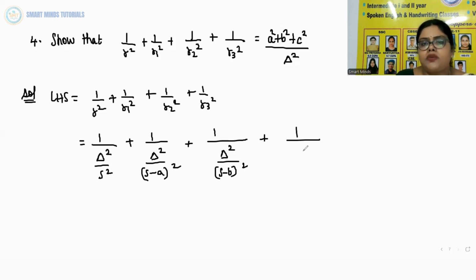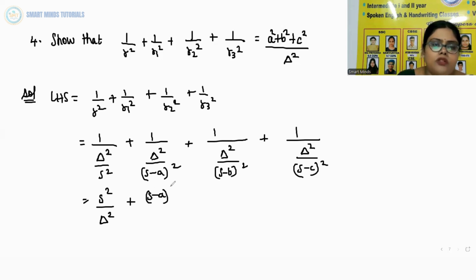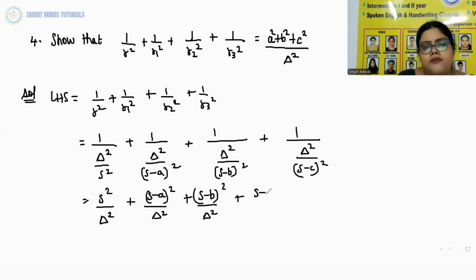And r3 square is delta square by (s minus c) whole square. Now you take the denominator to the numerator, it will become reciprocal. So it will become s square by delta square plus (s minus a) whole square by delta square plus (s minus b) whole square by delta square plus (s minus c) whole square by delta square.